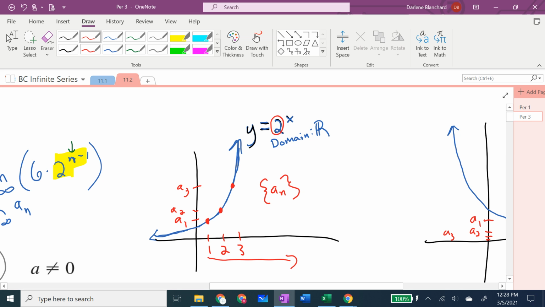These numbers are just telling you the position in the sequence, and then when you follow these y values, they are the formula of an individual term in the geometric series.